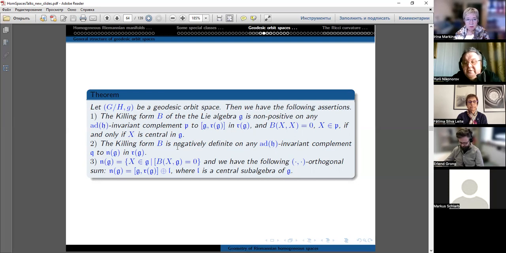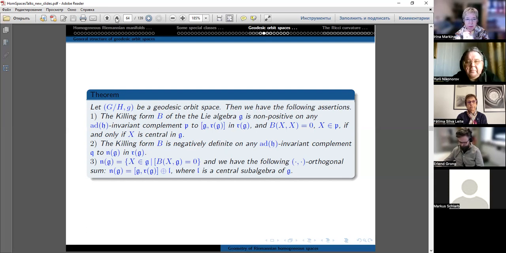This result does not depend on the choice of metric. It's a pure algebraic result. Therefore, if we have some Lie algebra G which does not have this property, then we could not construct a geodesic orbit space with such G. It's a very serious restriction of algebraic type.